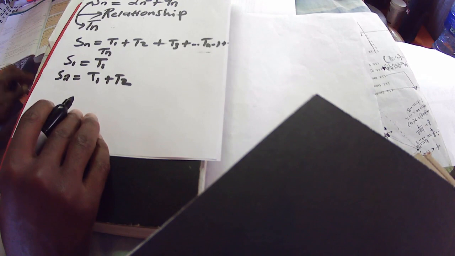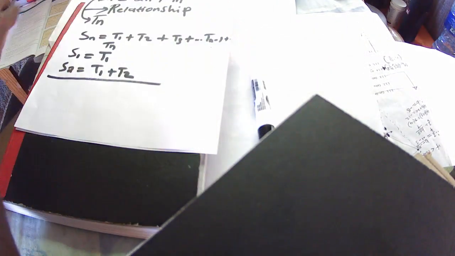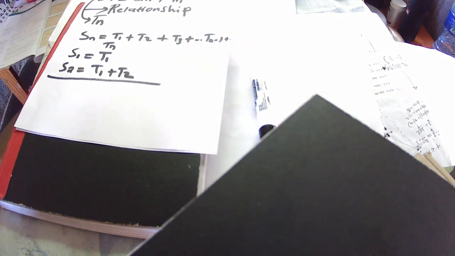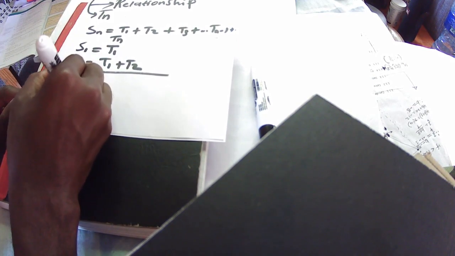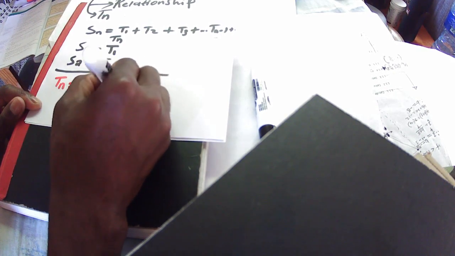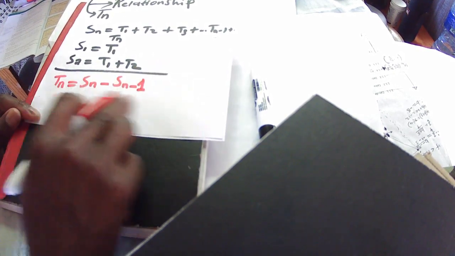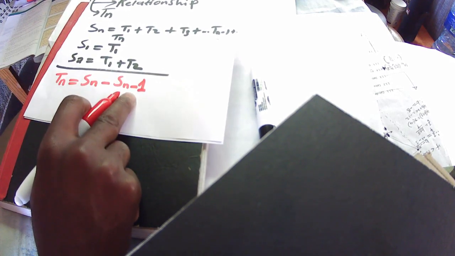So what about when I want to get a term from the sum? This is what you need to know: Tn is equal to Sn minus Sn minus 1.